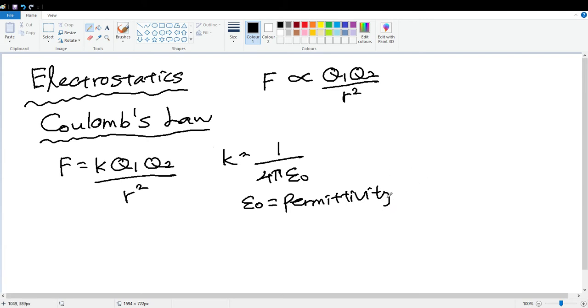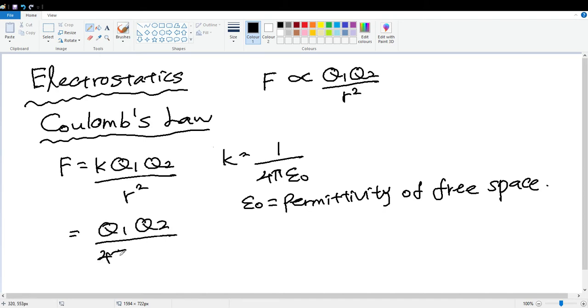So the formula is Q1 Q2 divided by 4 pi epsilon R squared. The permittivity of free space is the space occupied by the two charges.